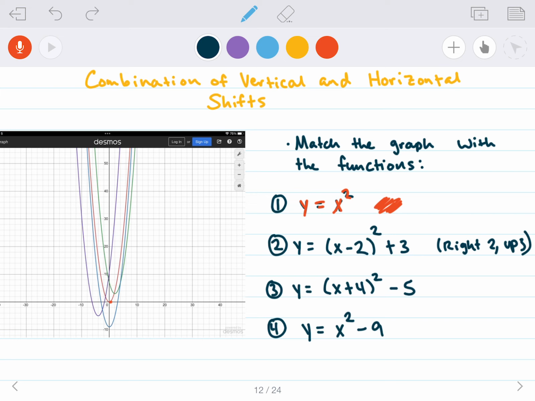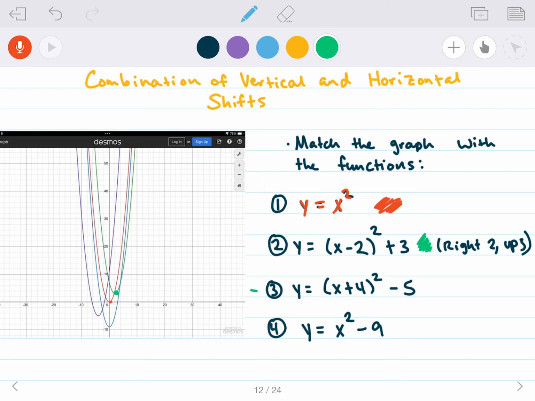And so from the parent function, it looks like the only one that could possibly be moving the vertex to the right and up is this one. I'm just looking at what's happening to the vertex. Well, the green guy, I'm moving it to the right and up. And the other ones here, I'm not moving to the right at all. So it has to be the green guy.